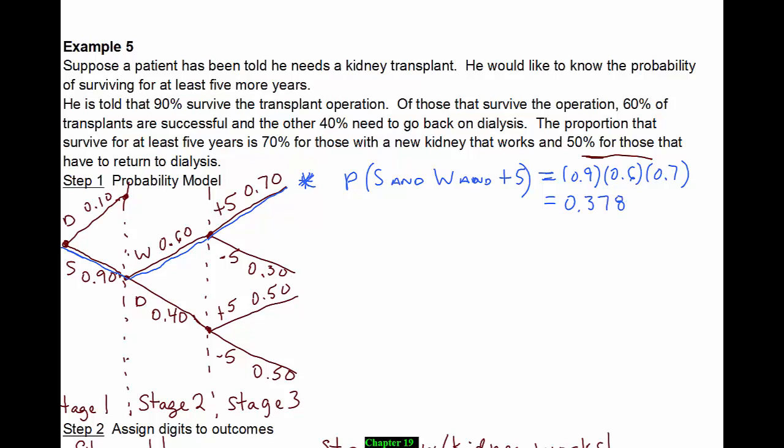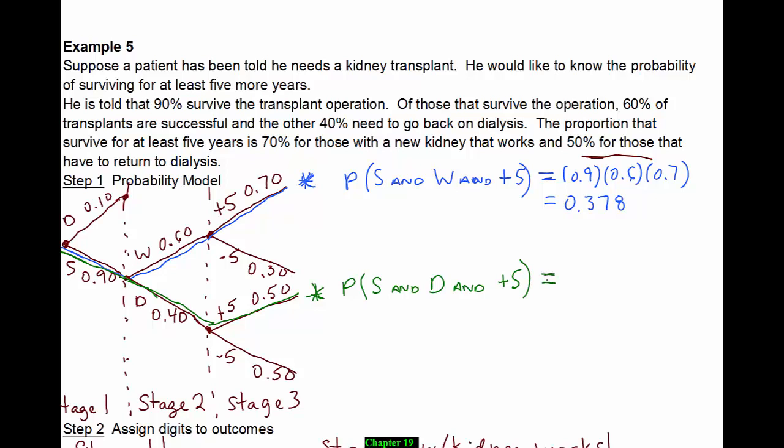And the other path that leads to surviving past 5 years is surviving the original operation, going on dialysis, and surviving past 5 years. So the other way to survive past 5 years is to survive the original operation and go on dialysis and still survive past 5 years.